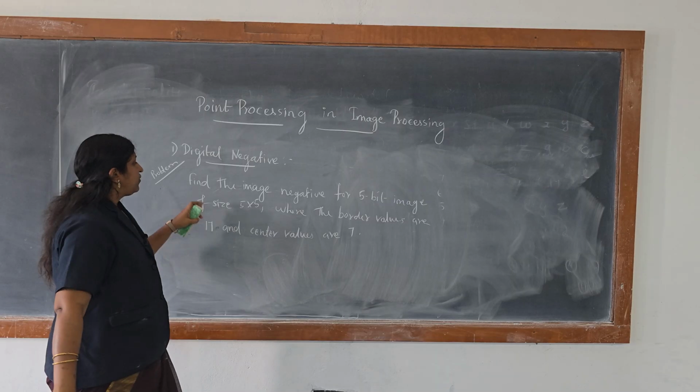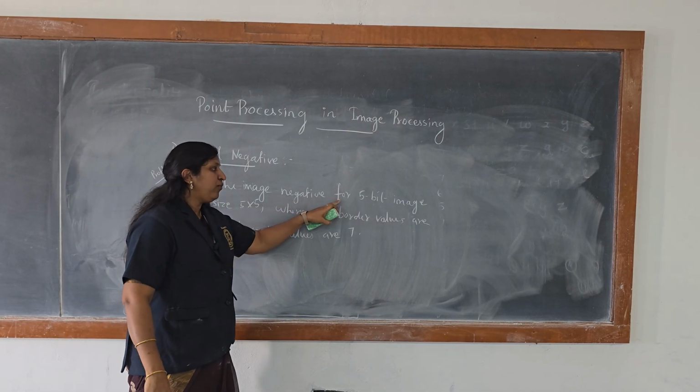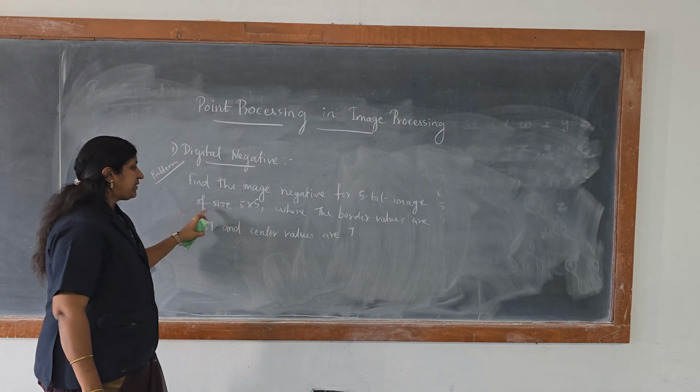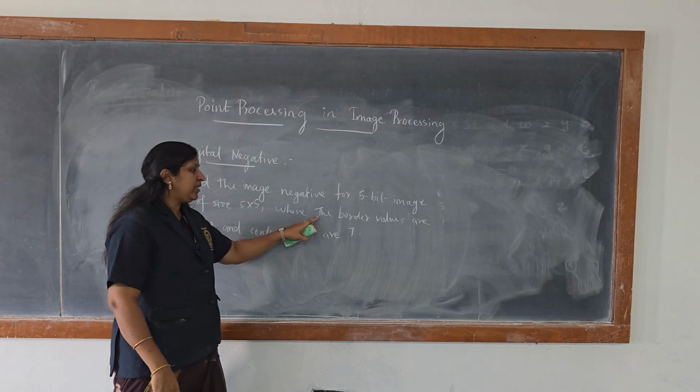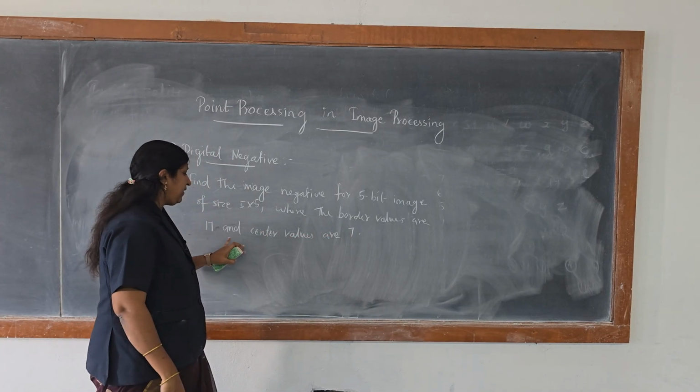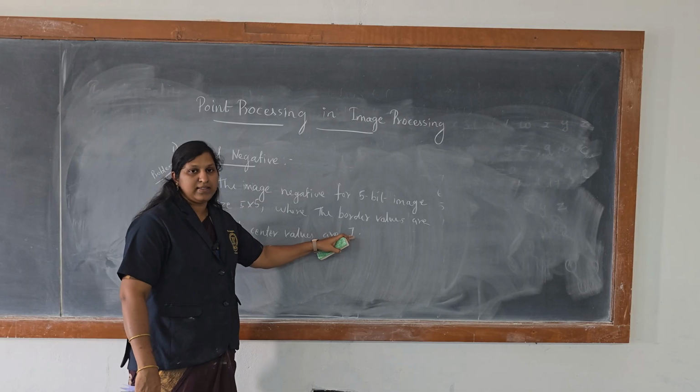Okay. So find the image negative for a 5-bit image of size 5 cross 5 where the border values are 17 and center values are 7.